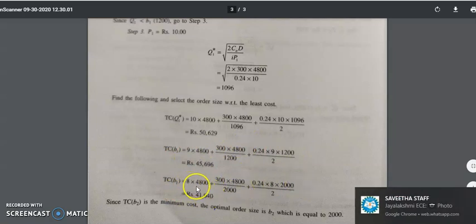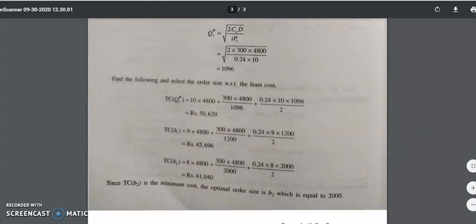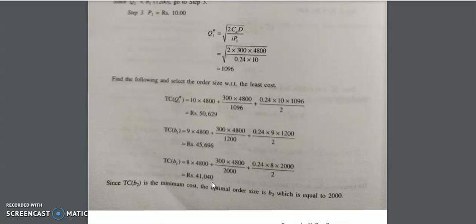When you consider it that way, where the ordering cost is reduced, you get 50,629, 45,696 and 4140. So when you calculate this, there is no point in paying 10 rupees or 9 rupees; when the ordering cost is reduced, you go with the total quantity of 2000 items.